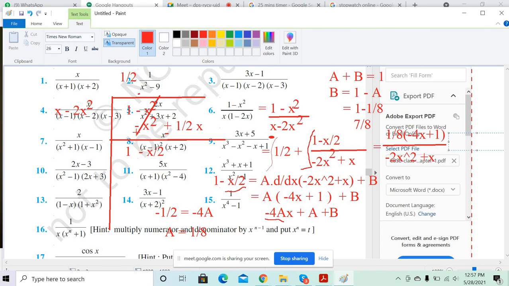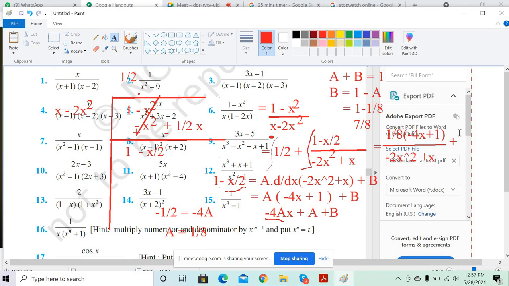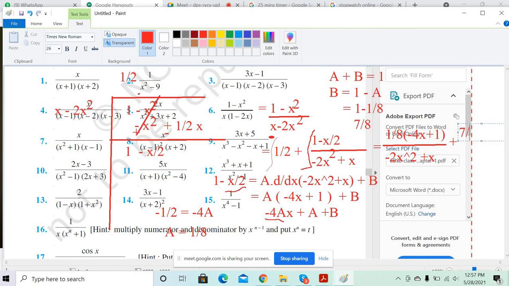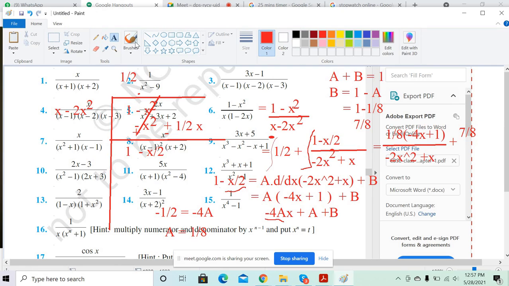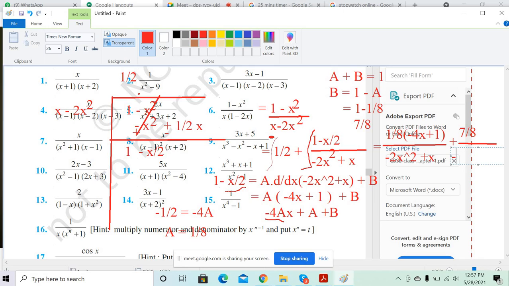Plus 7 by 8, the whole divided by the same denominator, minus 2x square plus x, correct?